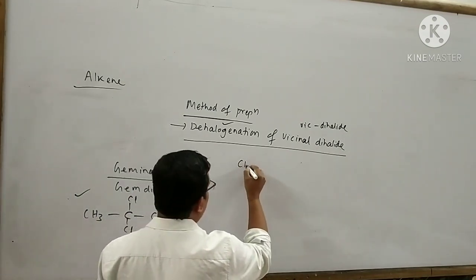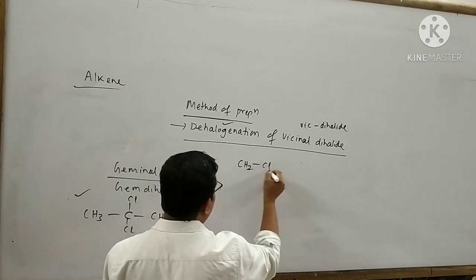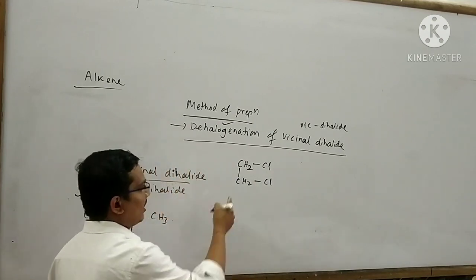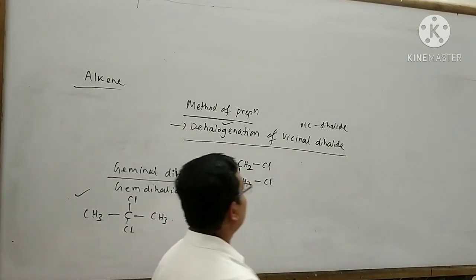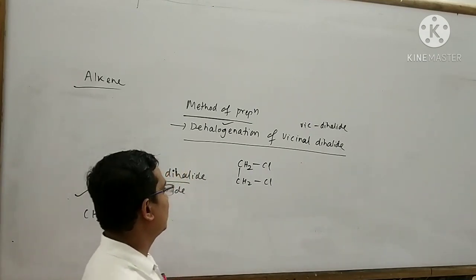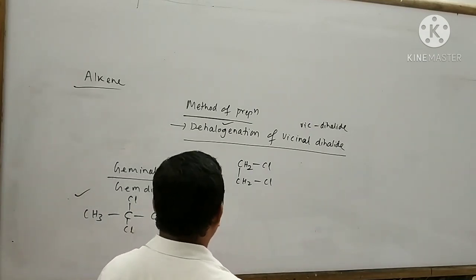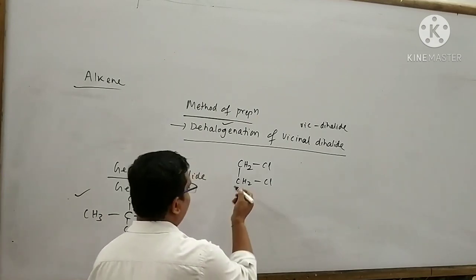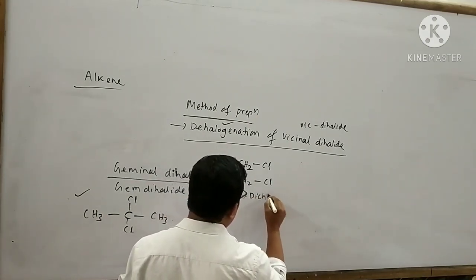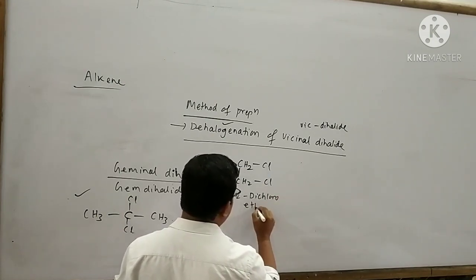Take another example: CH2Cl-CH2Cl. It is an example of dihalide in which two chlorine atoms are attached to adjacent carbon atoms. The name of this compound is 1,2-dichloroethane.